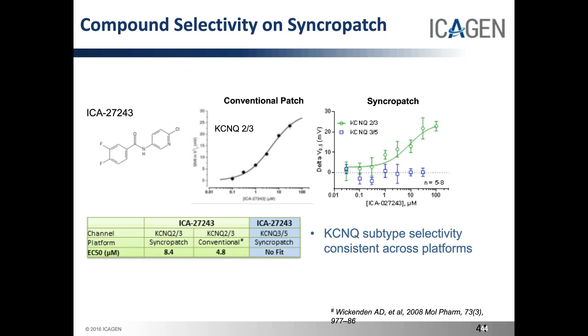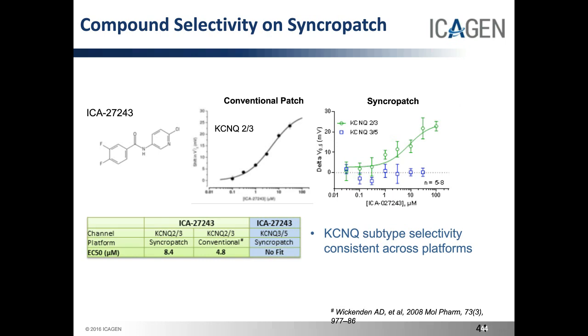So here are the results from applying ICA 27243 to either Q23 or Q35 on the same chip during the same experiment. And what we find is that the EC50 for activation of Q23 is similar between the Syncropatch and the conventional patch recordings shown in black in the center figure.